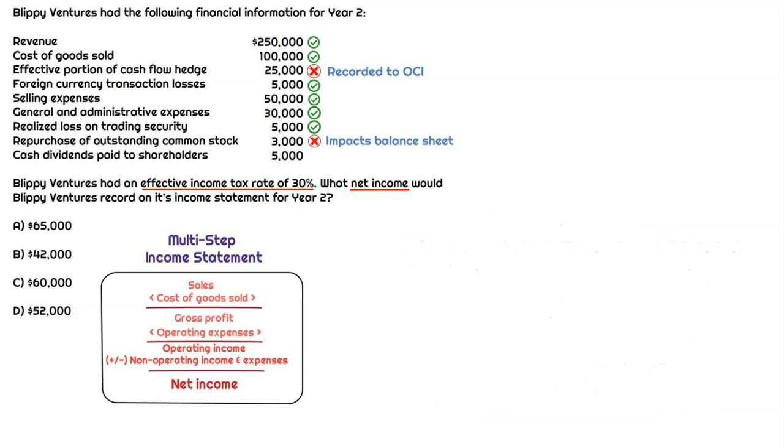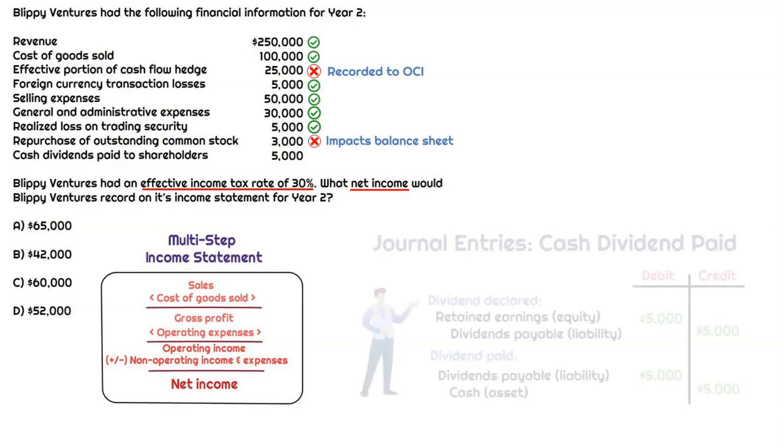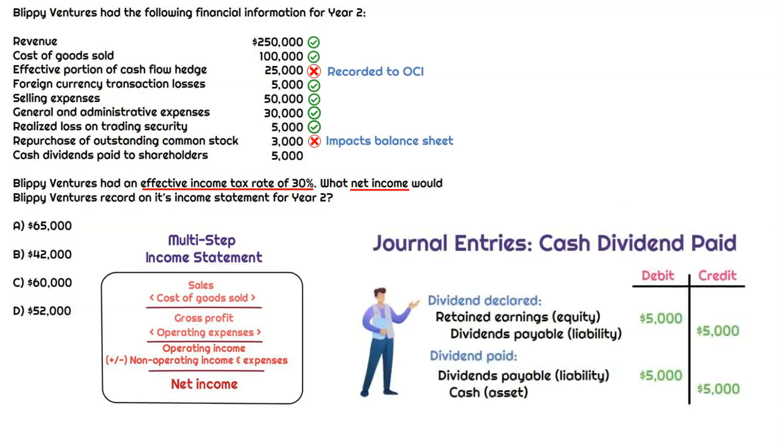And on our last item here, cash dividends paid to shareholders. So dividends that are paid to shareholders, especially in cash, those only come out of retained earnings, right? There is no impact to net income. Now, I know net income flows into retained earnings, but that's after we calculate net income. So when we look at the journal entry for cash dividends, when we initially declare those dividends, we must record a dividends payable, which is a liability on the balance sheet.